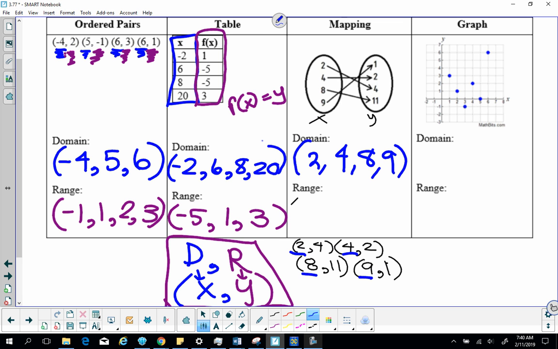Cool. Range, Dr. XY goes with y coordinates. And so we have to go in order. What's our smallest range here? 1. Then what? 2. What's next? 4. And what's the last one? Beautiful.